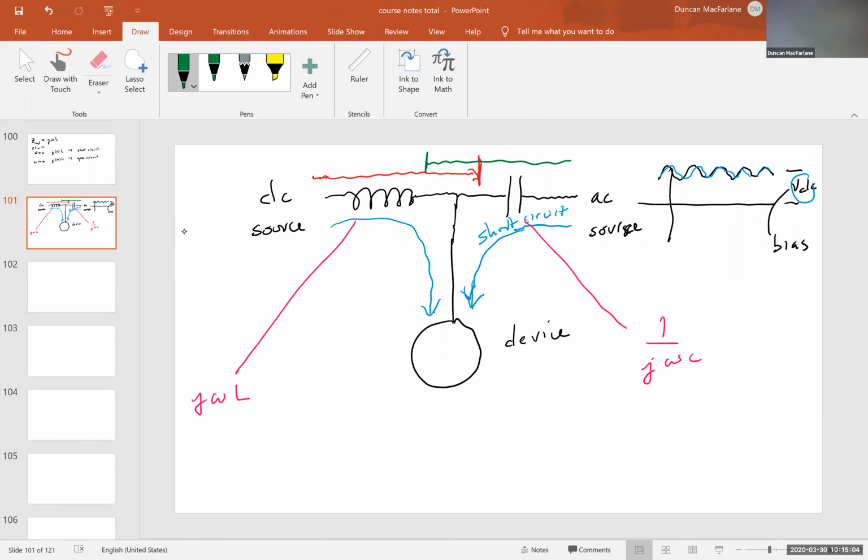And so this is a clever way to bias a device, and this is called a bias T. And again, that's a component that you can build, and it's reasonably popular, and it illustrates a nice application for the use of these complex impedances, capacitors and inductors.